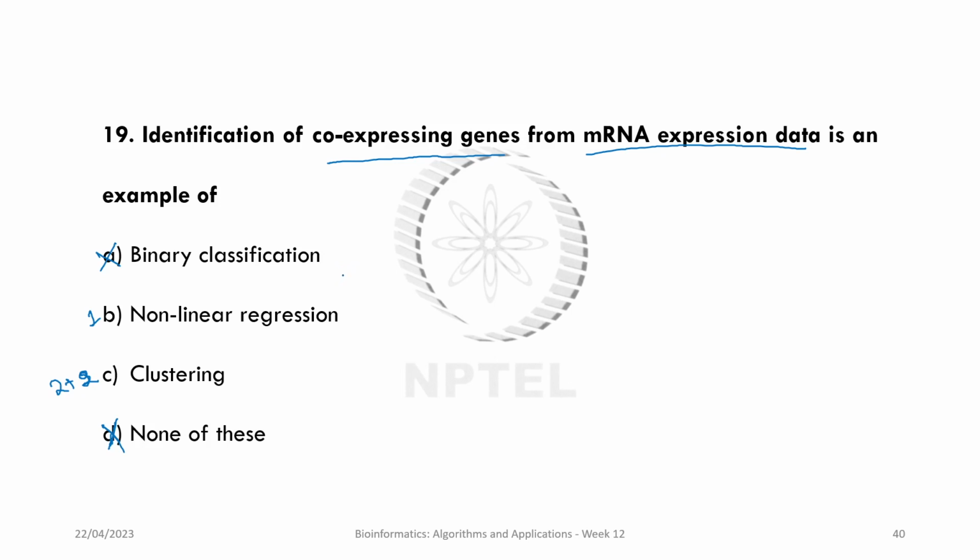It's more of a clustering problem than a non-linear regression. However, I would like to add more solid backing for this question as I did not have any snip of this data. But clustering is the right answer. C is right. But for Shreya's sake, I would like to add something to the slides when I publish.